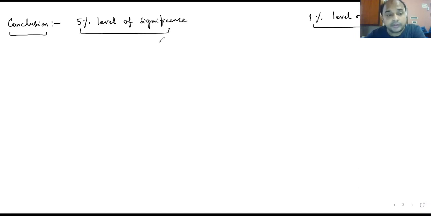Now, according to the rule, mod z has come out to be 2.5298. And if I consider the 5% level of significance, you see that this is greater than 1.96.